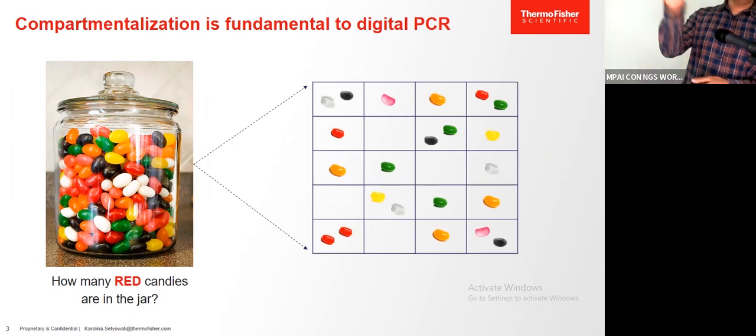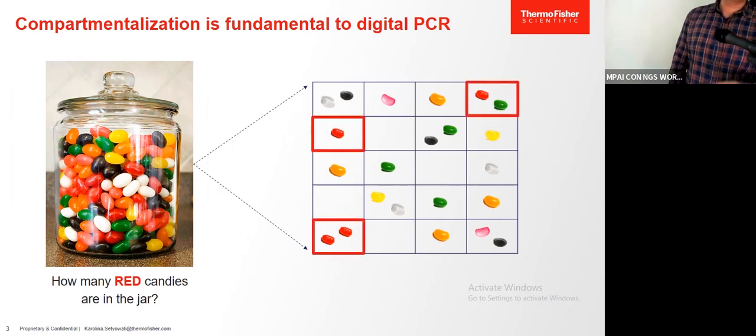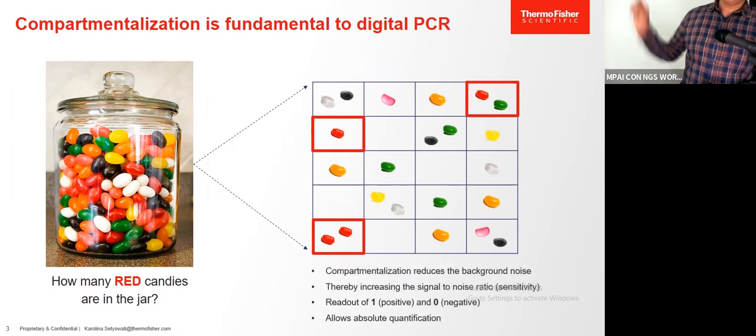Now if I ask you the same question again, it is easier to count all the red candies. In fact, you can give the exact estimate. Some compartments might have one, some might have two, and some might have a combination of candies. So with compartmentalization we are reducing the noise and amplifying the signal. That's the most important thing.